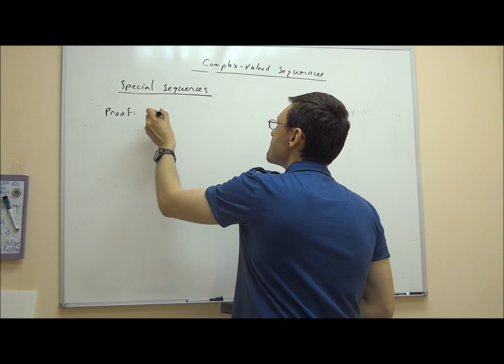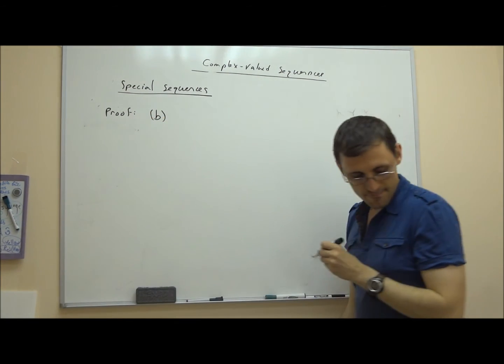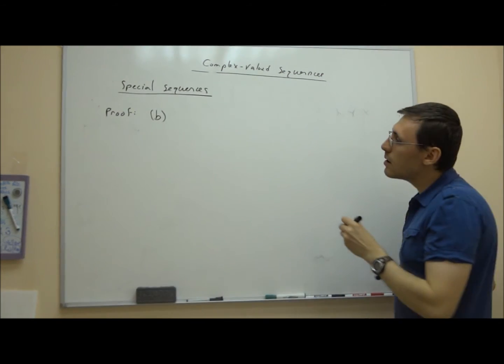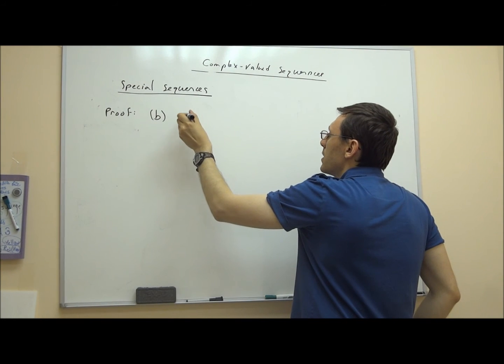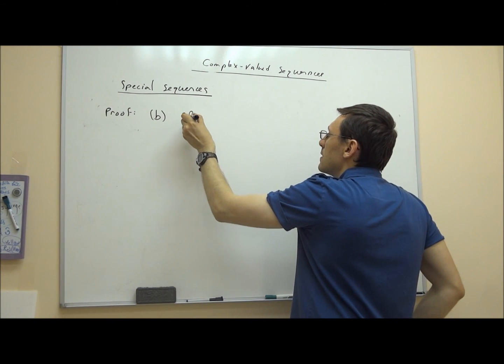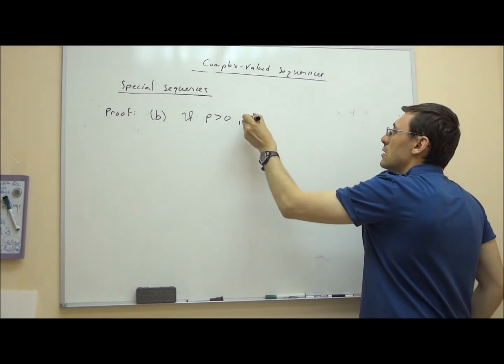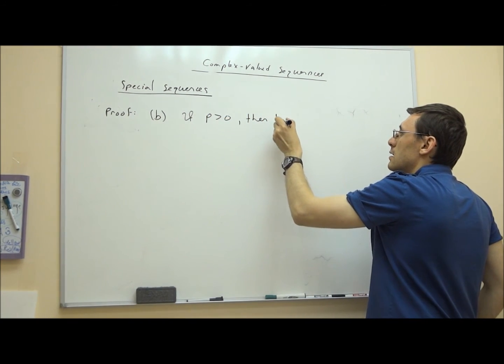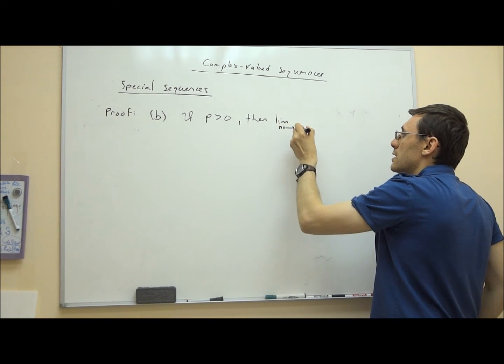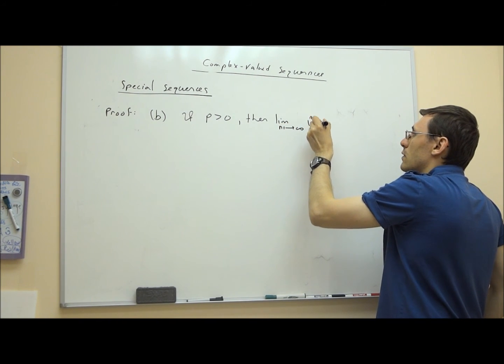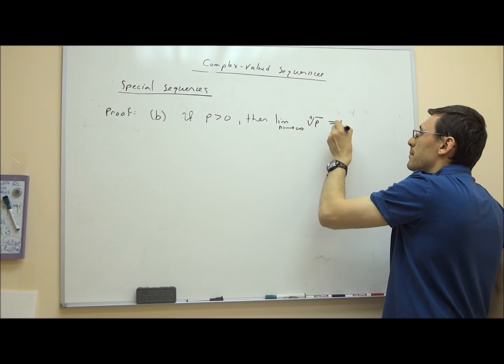B. So B is: if p is a real number bigger than 0, then the limit as n goes to infinity of the nth root of p is 1.